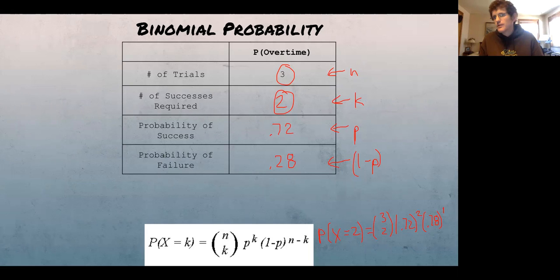We already know the answer to this. 3 choose 2 is going to be just 3. We already worked that one out by hand. But you wouldn't know it if it was like 16 choose 7, and that would be a huge number. All right. So if we know this first part right here is just 3, then I can multiply. I can just plug this in my calculator, really, if I do it correctly.